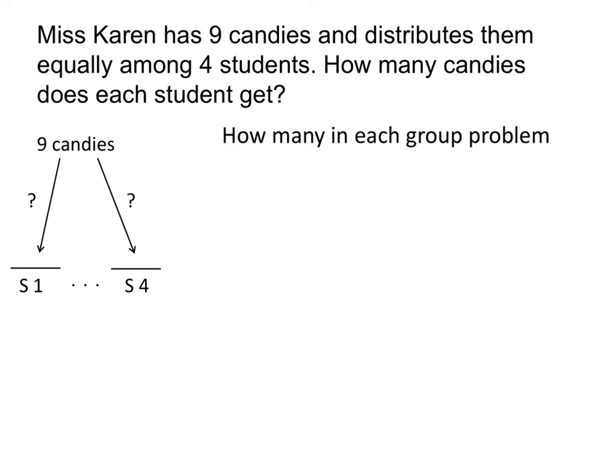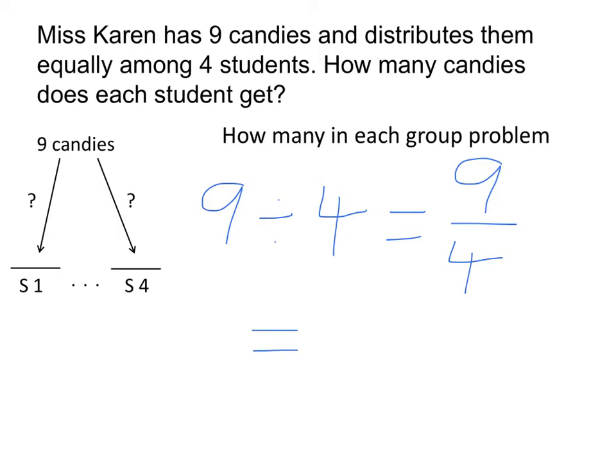So to solve this, let's take our number at the top, 9, and divide it by the number of groups, which is 4. And now, using the ideas we just talked about, we could write this as the fraction 9/4. So what exactly does this fraction 9/4 mean? Well, let's convert this to a mixed number.